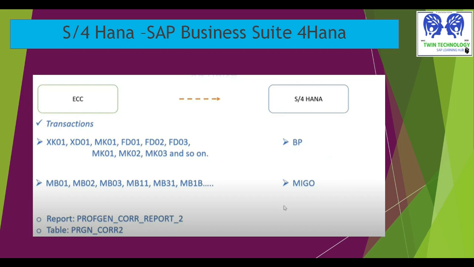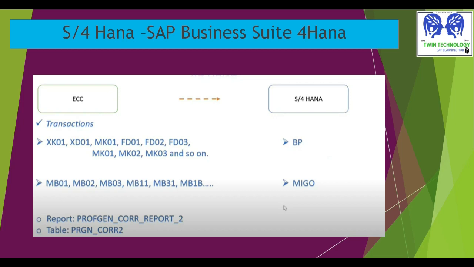S4 HANA brings changes in hardware and software, already I said, right? The hardware is in-memory, that means core data maintenance, for very fast performance. Software is transactional changes. So now I am showing the transactional changes. This transactional change is nothing but they introduced handling the transaction in a different way.